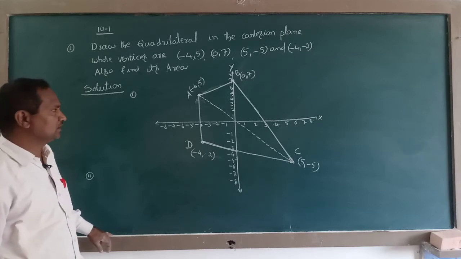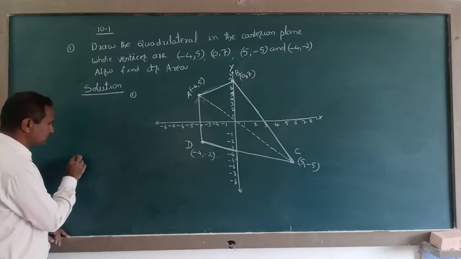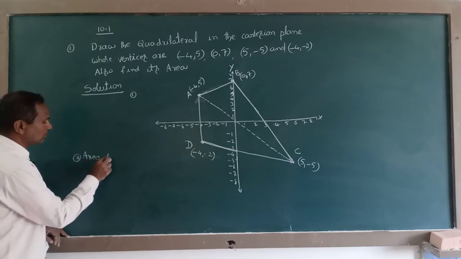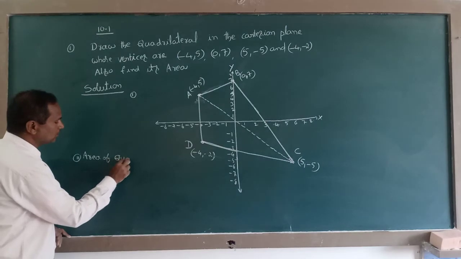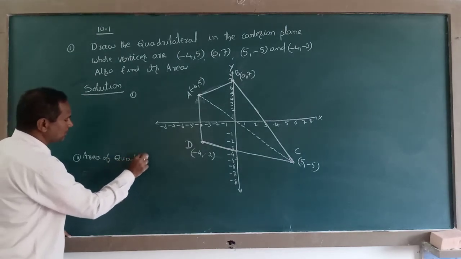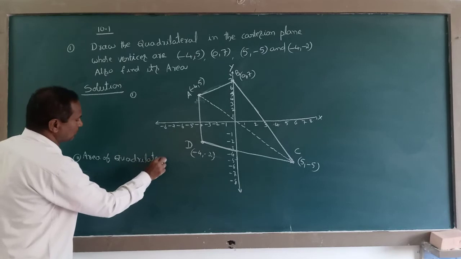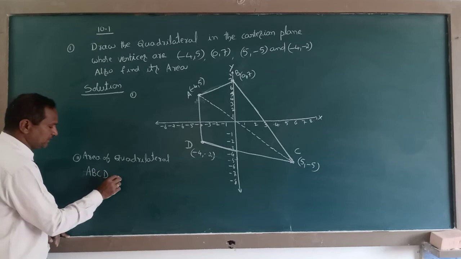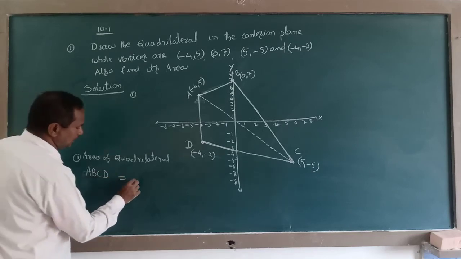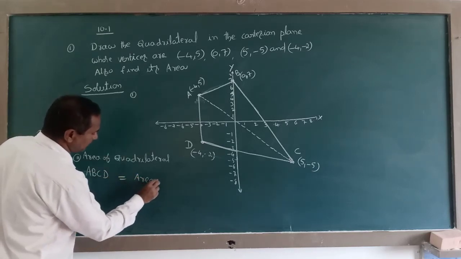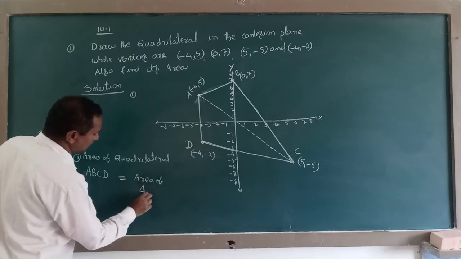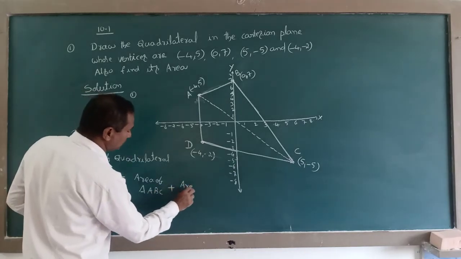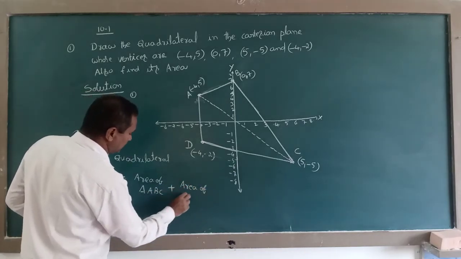Area of quadrilateral ABCD is equal to area of triangle ABC plus area of triangle ADC.